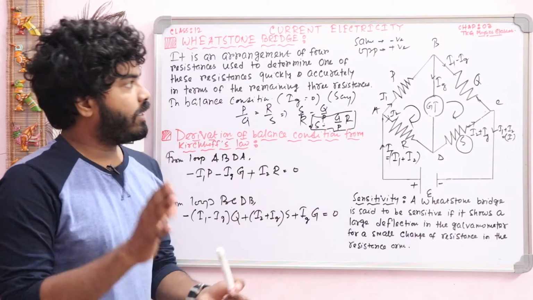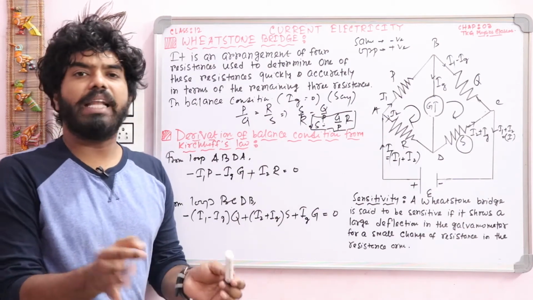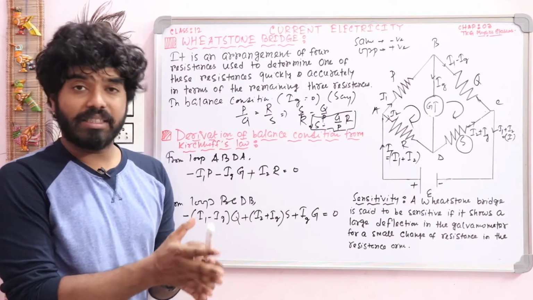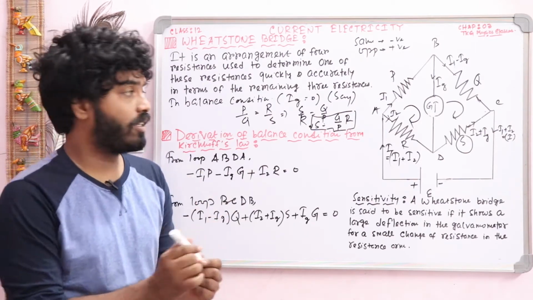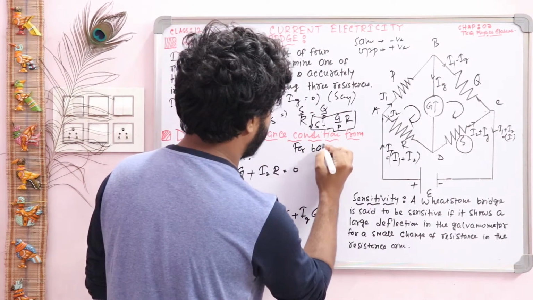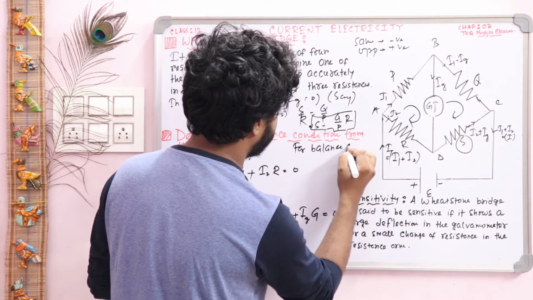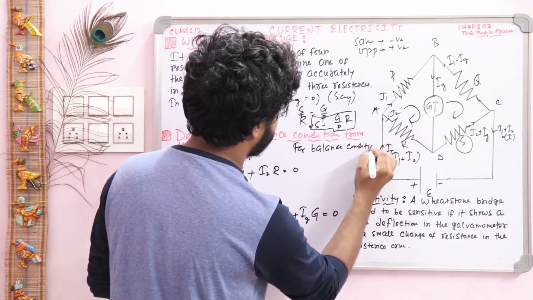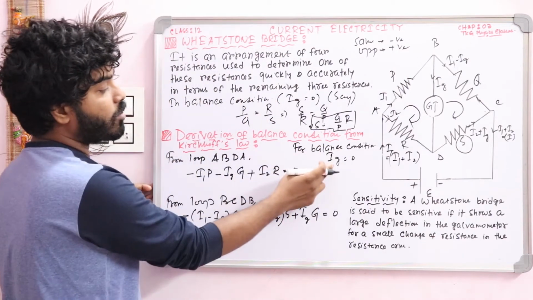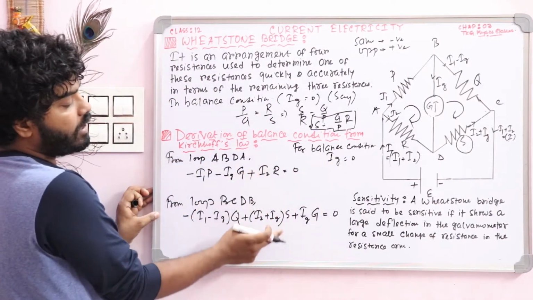Now you see one condition is given, that is the balance condition, and balance condition means there is no flow of current through this galvanometer. So for balance condition, Ig is equal to 0. Now we will apply this condition in this equation and in this equation.